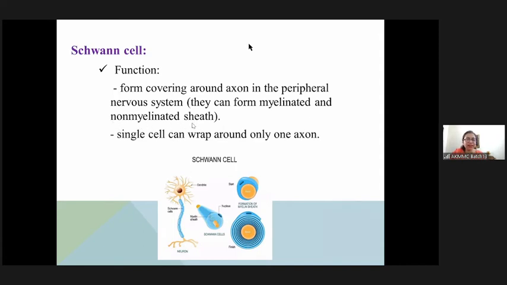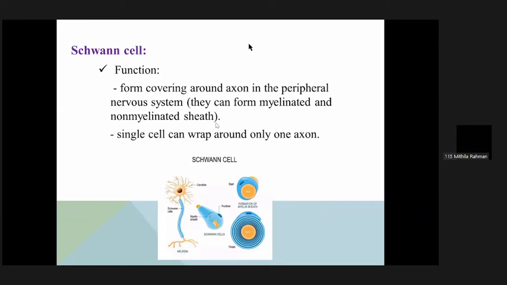Do you remember preganglionic and postganglionic neuron, which one was myelinated and which one was non-myelinated? Preganglionic was myelinated. Postganglionic was non-myelinated.